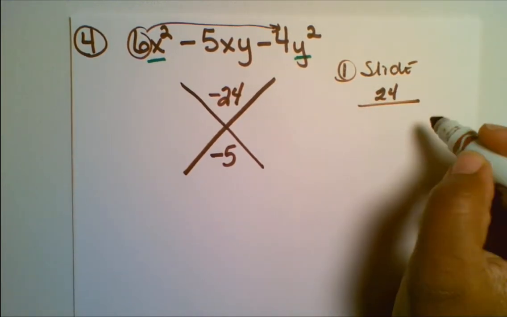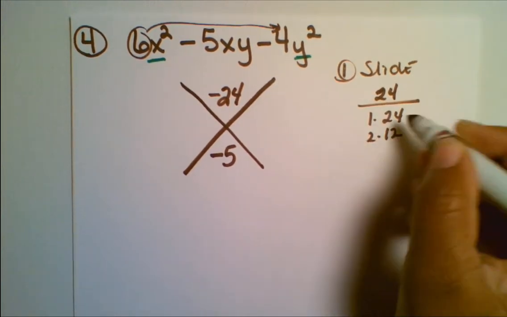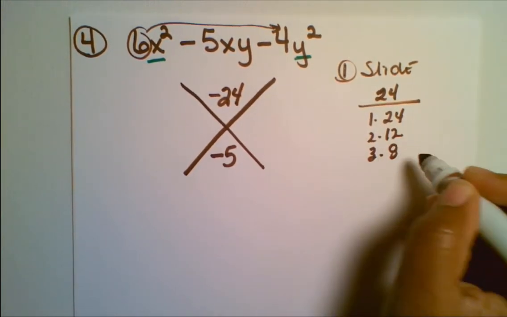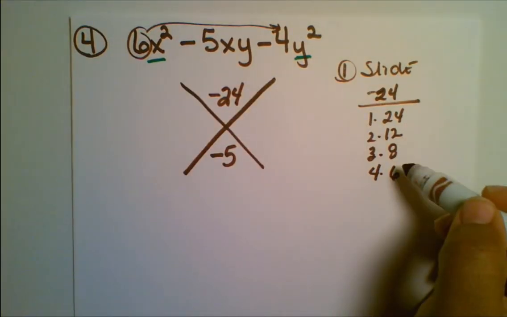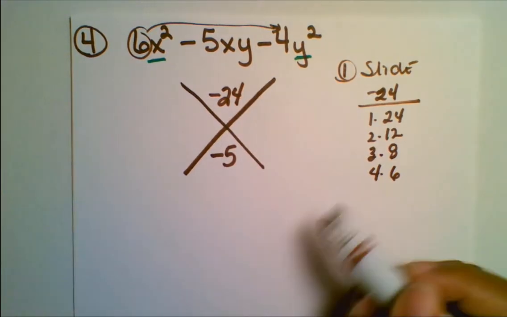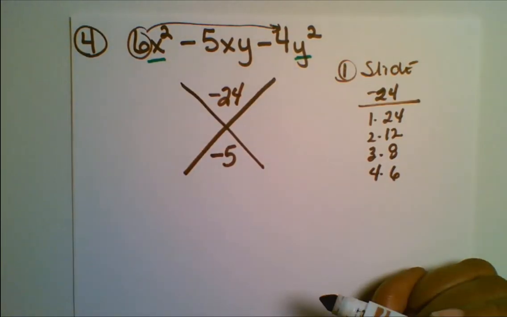First, let's list 24. Then we'll do negative 24. 1 and 24, 2 and 12, 3 and 8, 4 and 6. We want negative 24 that when we apply the negative to one of those factors, it would give us negative 5.